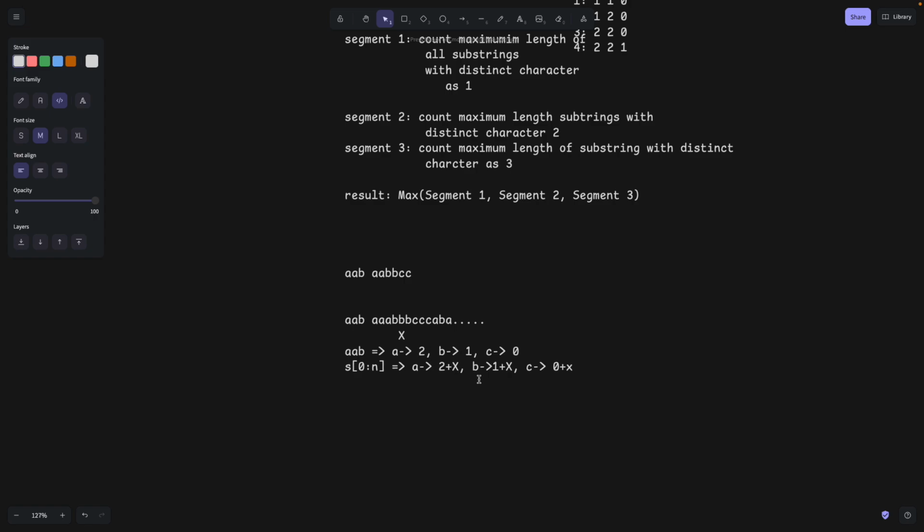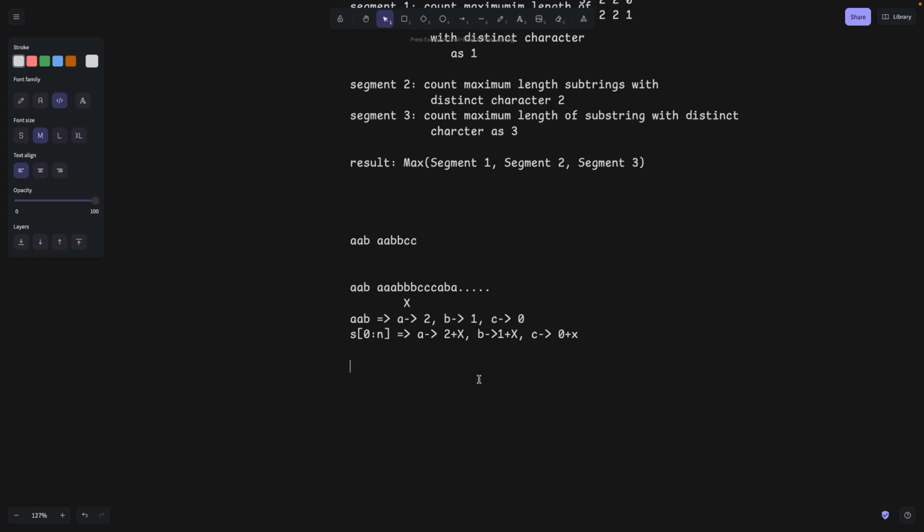So it is safe to say that the difference between, let's suppose, the count of A and the count of B is equal to the difference of... let me write... let's suppose this ended at index j.